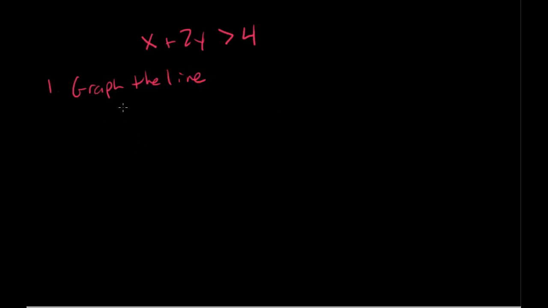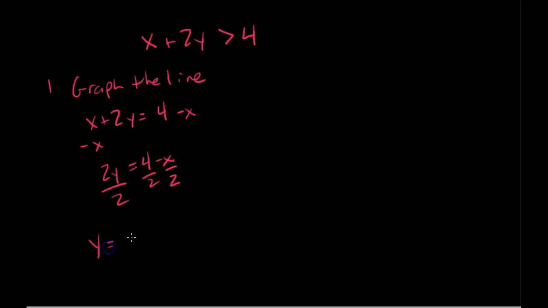So first we need to take x plus 2y is equal to 4 and put it into slope-intercept form. So we could subtract x from both sides. And then we could divide both sides by 2. And we get the linear equation y is equal to 2 minus x over 2.